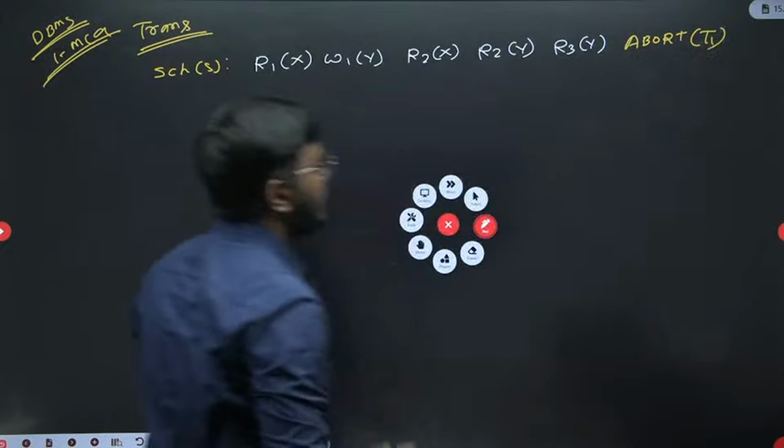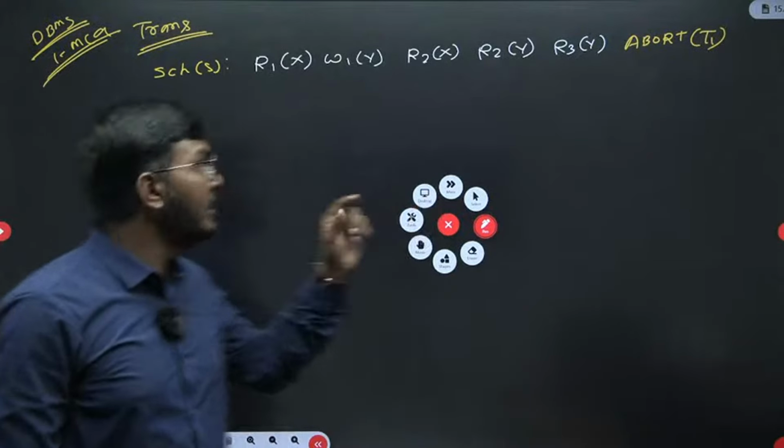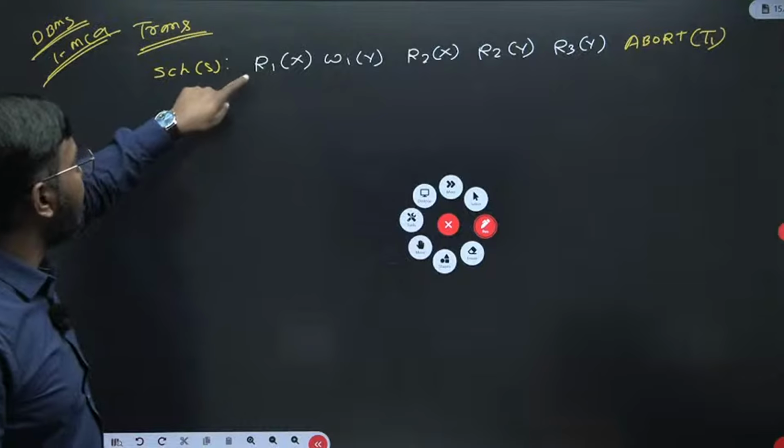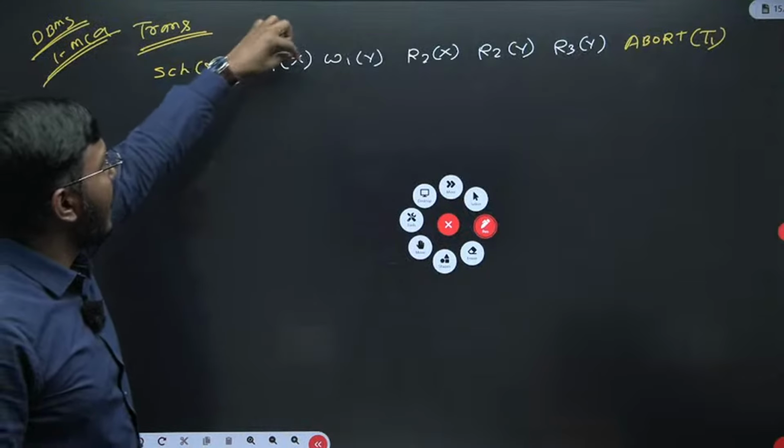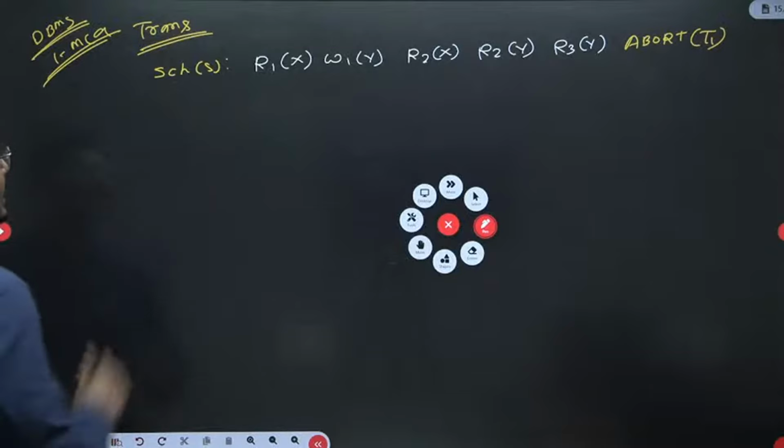We are given 3 transactions, T1, T2 and T3. R of X is read only, and W of X is write on the X item. This was the given schedule S.